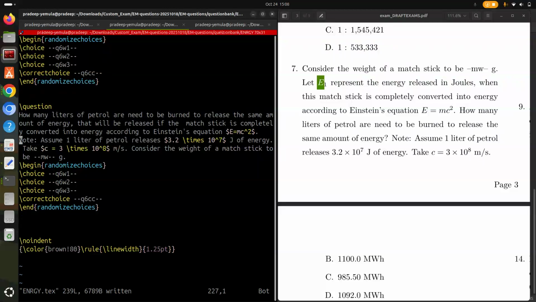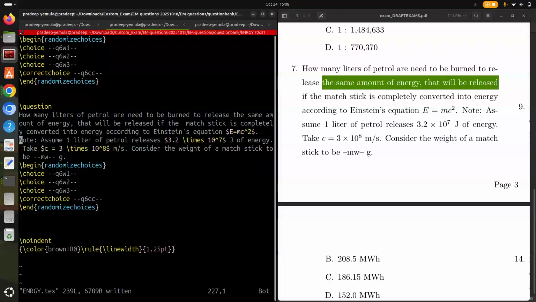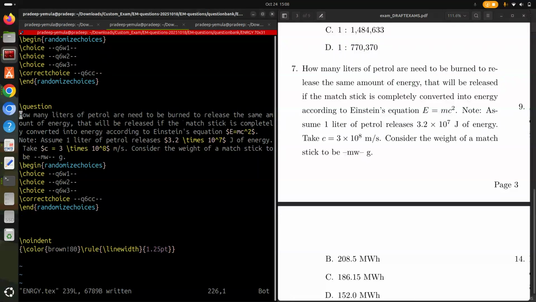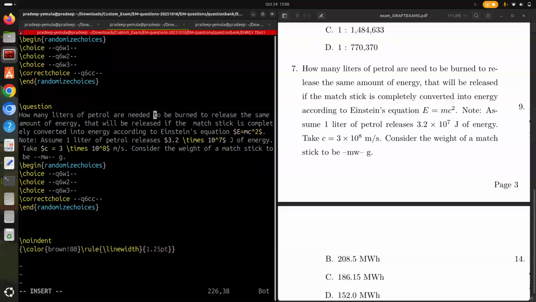Now the question starts like this: how many liters of petrol need to be burnt to release the same amount of energy that will be released if a matchstick, because I moved that sentence down.